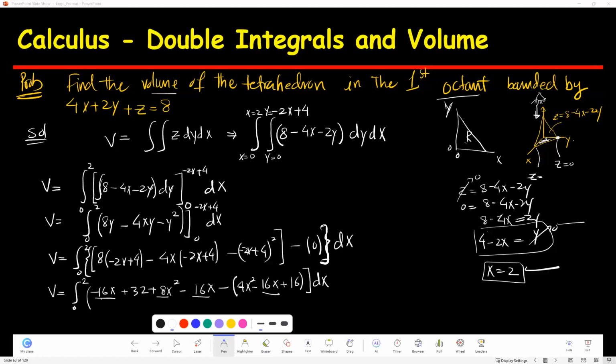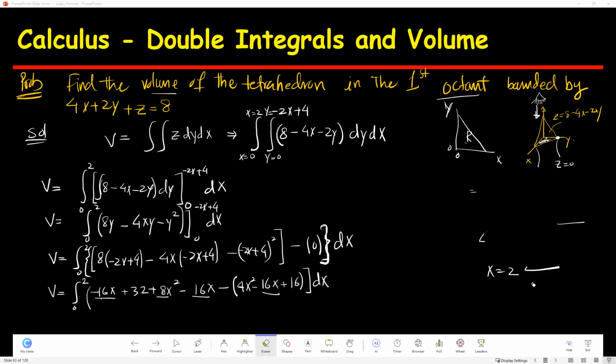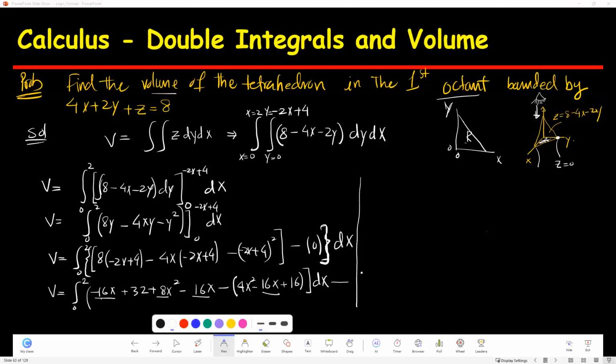So if I do this little math, my volume is going to look like, I'm going to erase this guy. It's going to look like this: 4x squared minus 16x plus 16, and then dx.